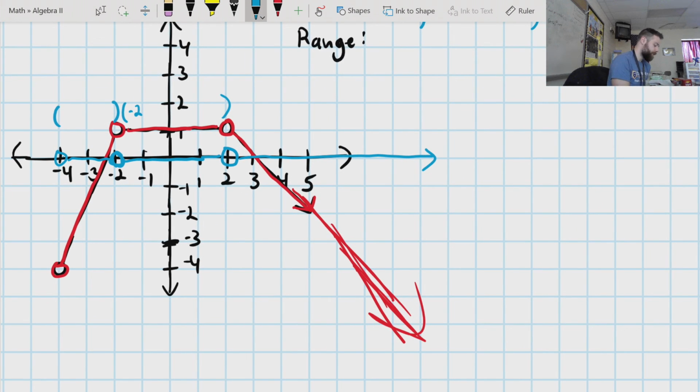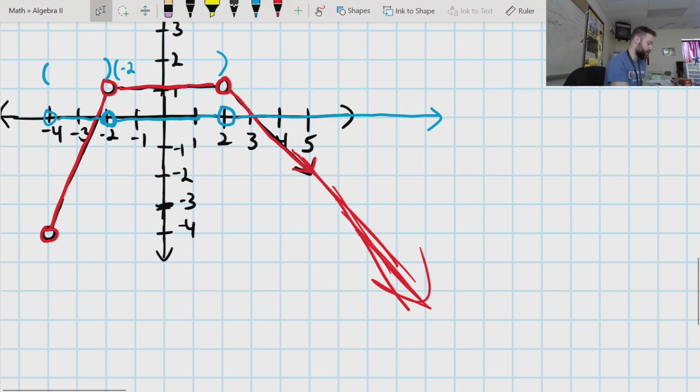So if I take a look here, the range is going to be quite a bit easier. Since this arrow points all the way down, and I've got outputs to left and right of 1 and 0 and -1 and -2 and -3 and -4, even though it's not outputted over here, I have an output over here. So this y value does hit -4.